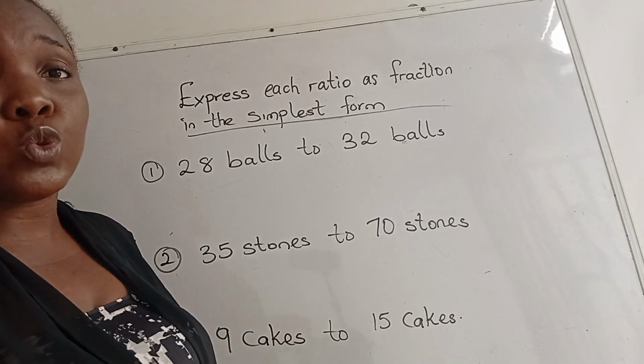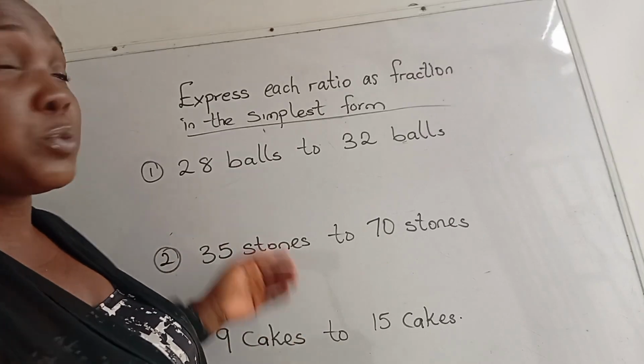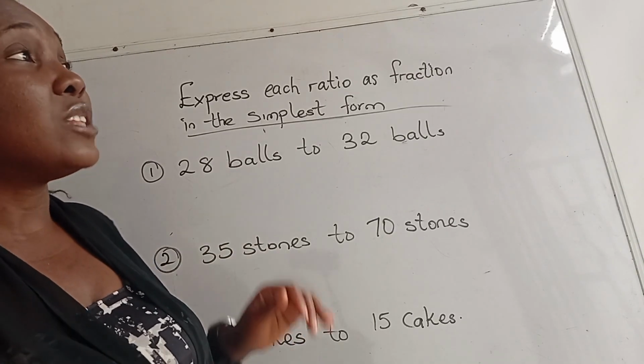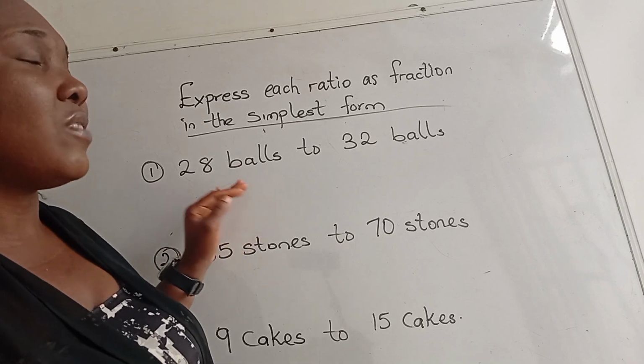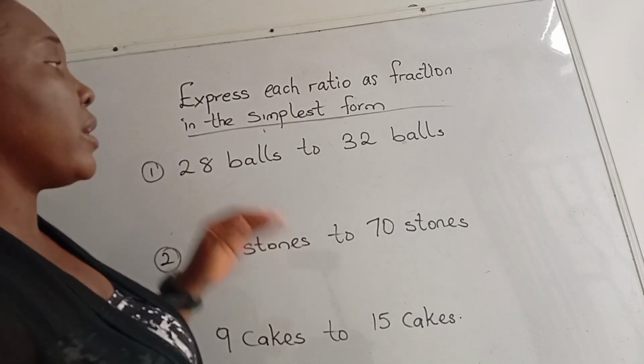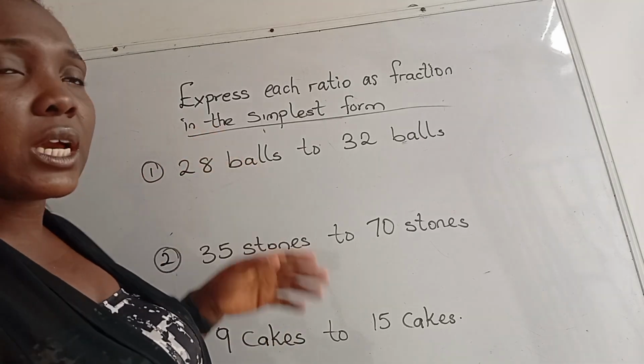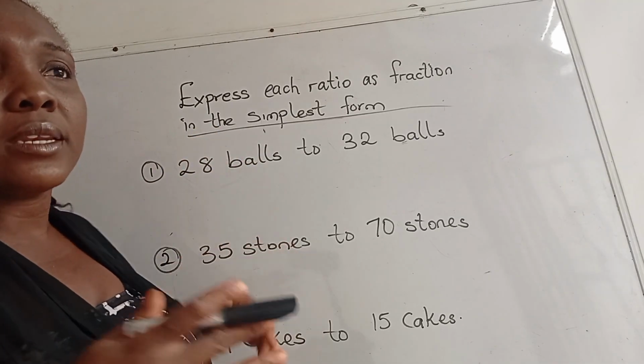One thing you need to note when calculating, solving, or expressing ratio is that you should take note of whatever comes first. So, for instance, you want to compare two different items, maybe cake and ball.